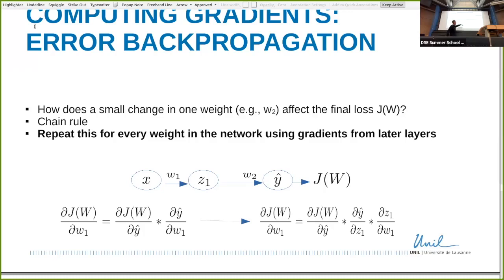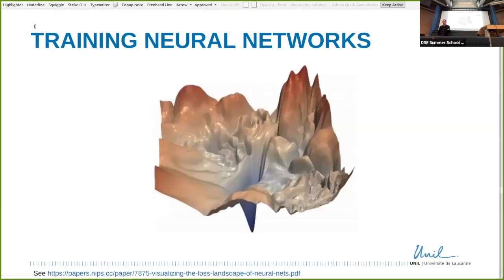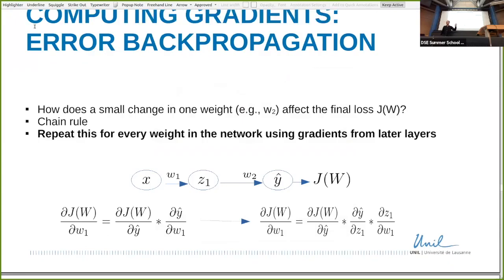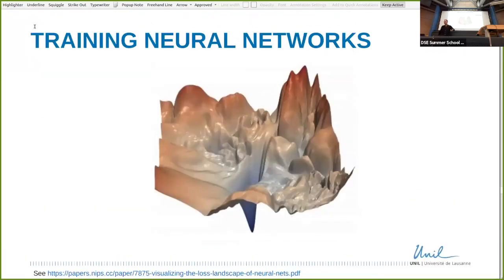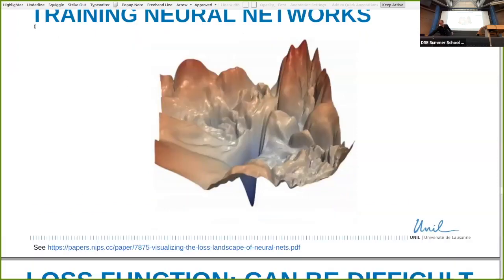You clearly see this is again a massive application of dot products, linear algebra. It's one of the reasons why GPUs and other special purpose hardware help you compute this gradient. It's called backpropagation. Now, remember before, I showed you the simple surface where you can find the optimum. In reality, when you look into the literature, in this paper you can look at, they visualize some of the loss functions.